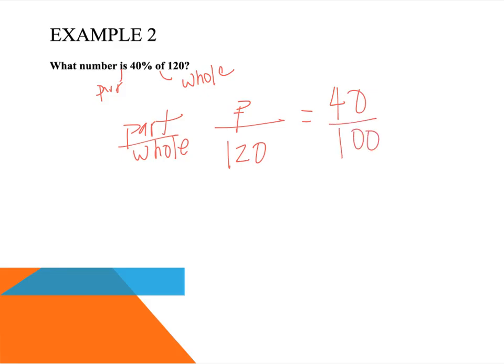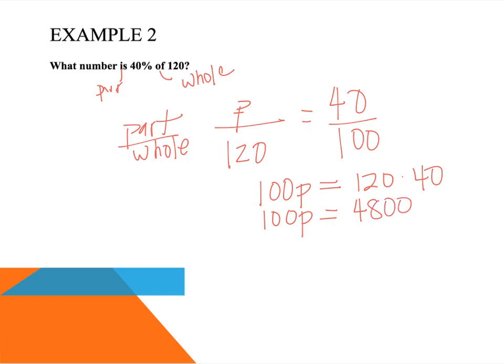That's my percent. So then we're going to multiply 100 times P is equal to 120 times 40. That becomes 100P is equal to 4,800. Divide by 100, and we get P is equal to 48.